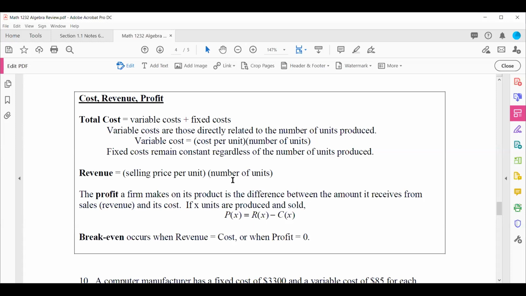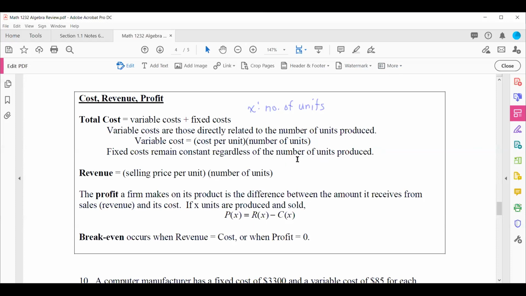So for the variable cost, there's a little formula right here. It's the cost per unit times the number of units. X typically stands for the number of units that will be produced or sold. The revenue, that's how much money you're bringing in.